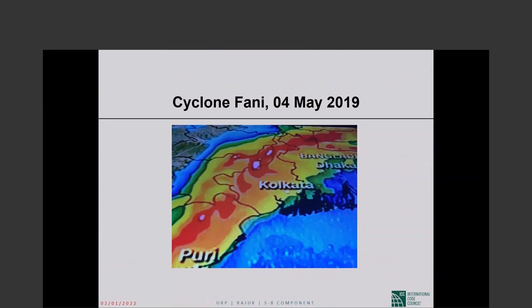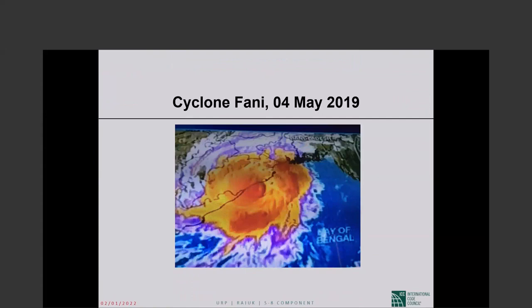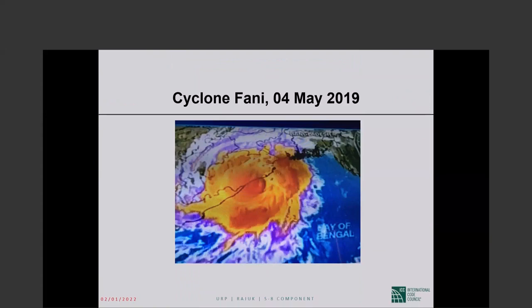I don't know that it went right over Kolkata, but close to it, and then Bangladesh. But it spared Dhaka. It went to the northwest essentially, so there wasn't a whole lot of effect of the storm. But this was a significant storm in 2019, May of 2019.